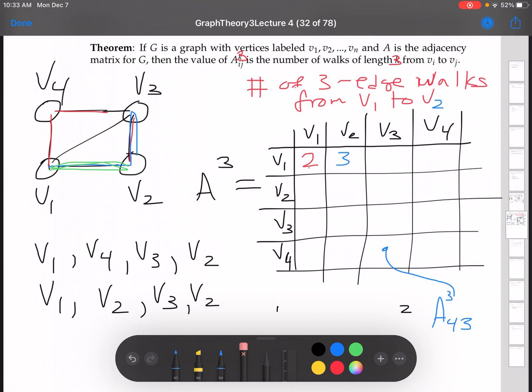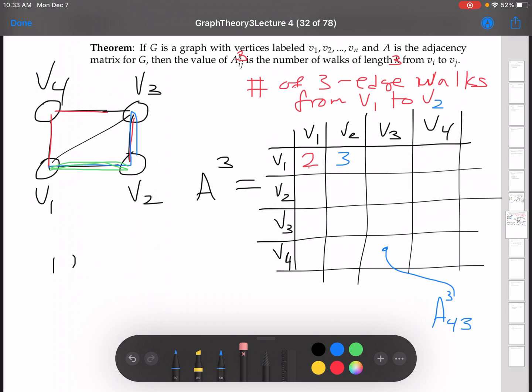So let's see. From V4 to V3, how many 3-edge walks? Let's count them. You've got 1, 2, 3. There's one of them. Another 1, 2, 3.